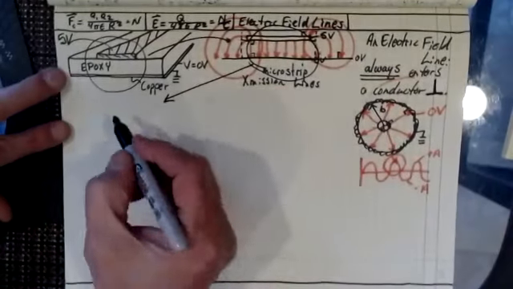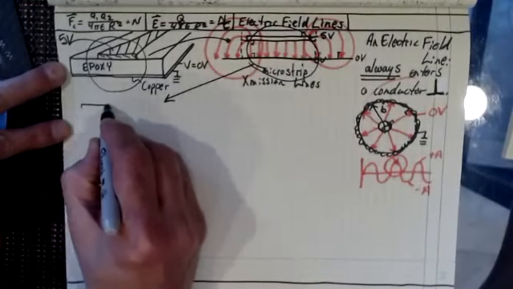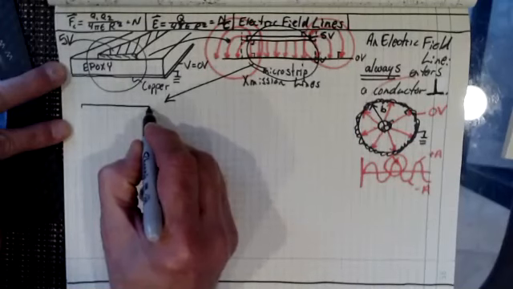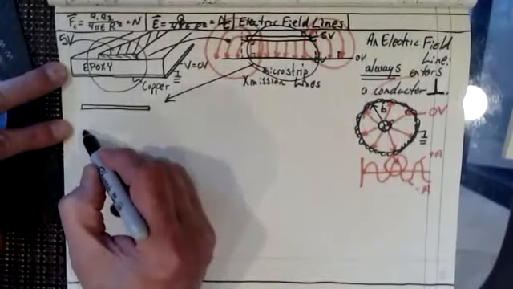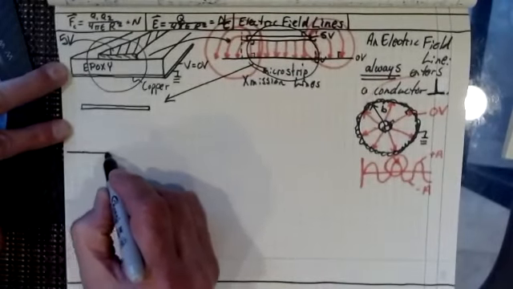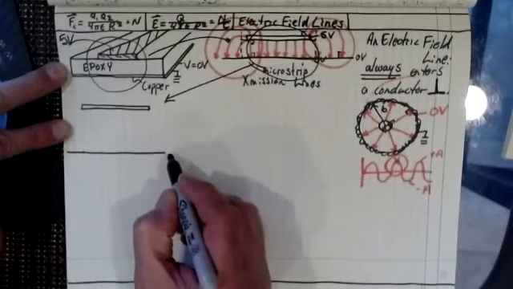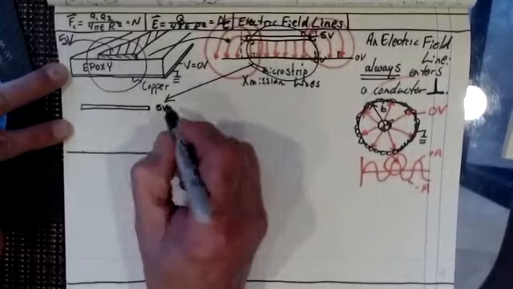And I'm actually going to put my trace up here, right? I'm going to extend the thing here, 1, 2, 3, 4, 5, and I'm going to say that my bottom conductive layer that's at 0 volts is down here. So up here I've got 5 volts and I've got 0.